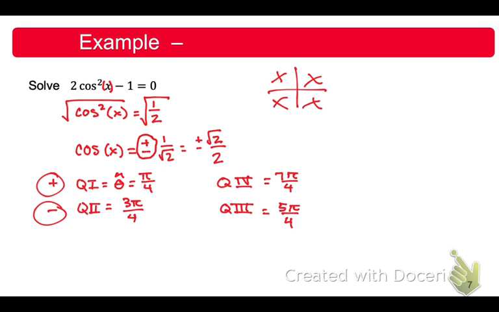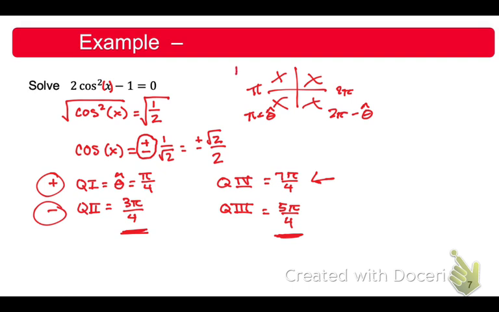Second quadrant is 1 less than a whole pi, 1 more than a whole pi, and 1 less than 2 whole pi. So you're not adding. Here is pi plus your reference angle. Here is 2 pi, so it's 2 pi minus your reference angle.